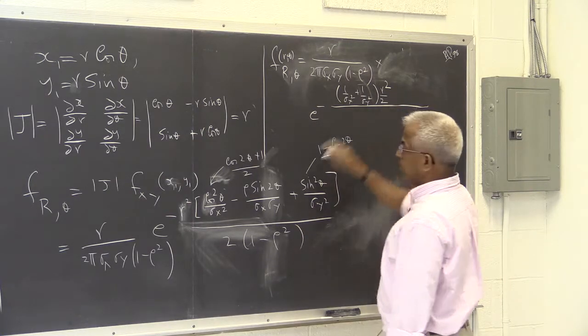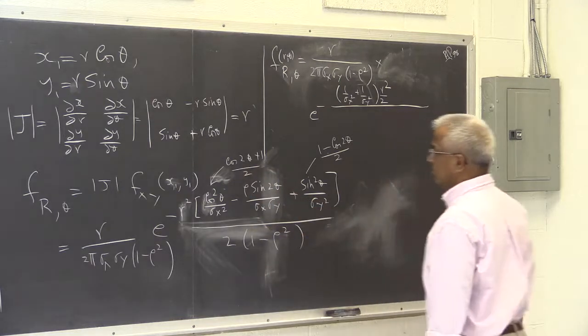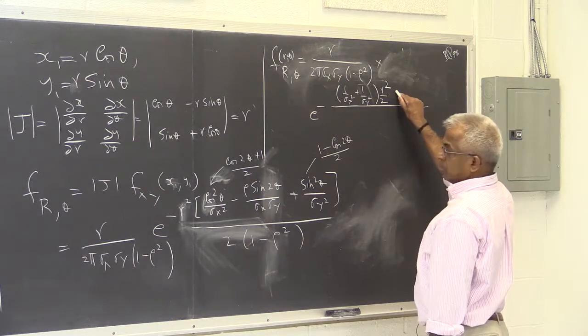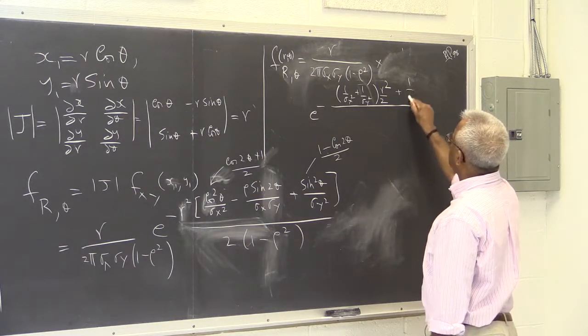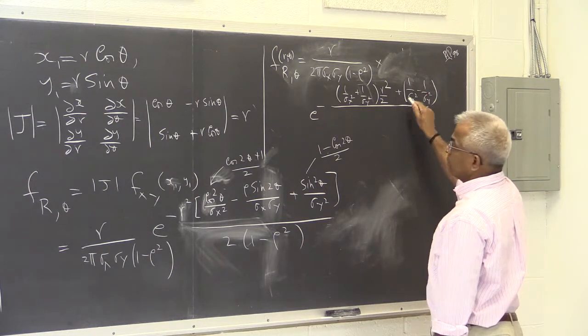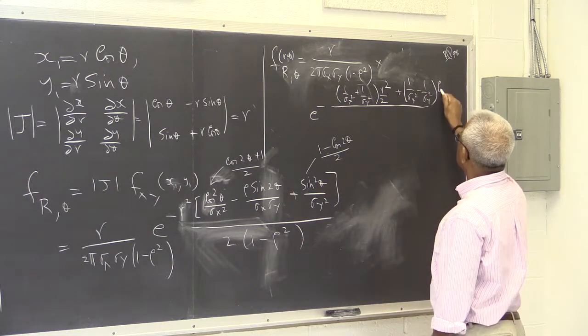This is just due to the constant terms. Then the other terms are plus 1 over sigma x squared minus 1 over sigma y squared multiplied by cos 2 theta divided by 2.